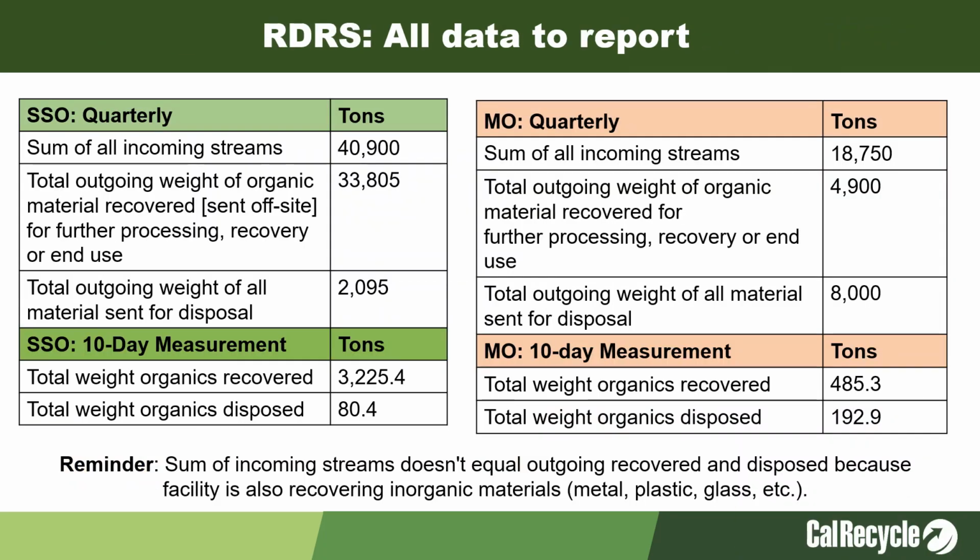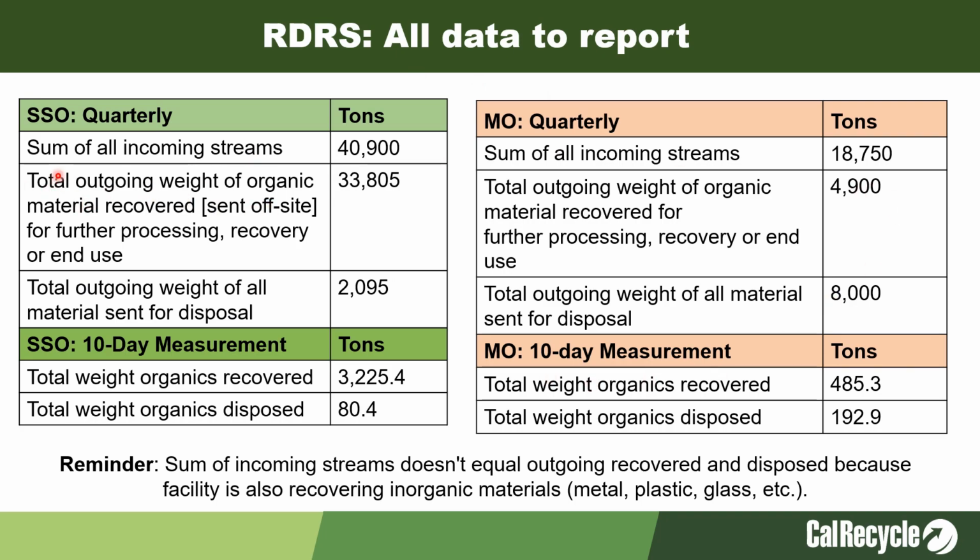So when Trash City is filling out their quarterly RDRS report, they're going to get to the organic measurement tab, and they're going to check, yes, this facility receives SSO streams, and yes, this facility receives MO streams. Then there's going to be some fields that will drop down and ask them to input the 5 pieces of data that we've just been diligently calculating. So this is the 3 quarterly data numbers we discussed earlier in part 4.